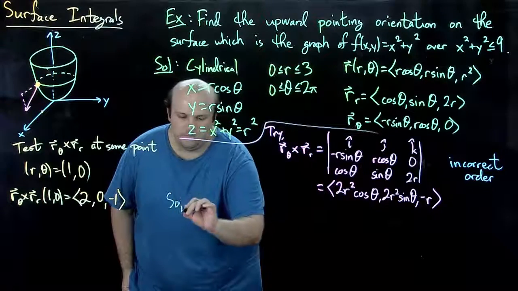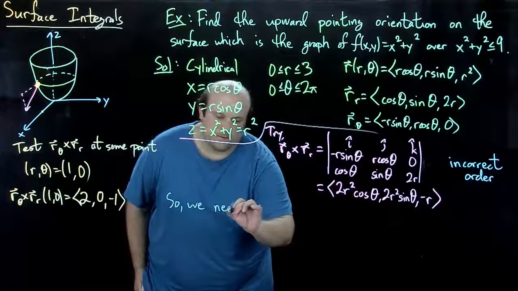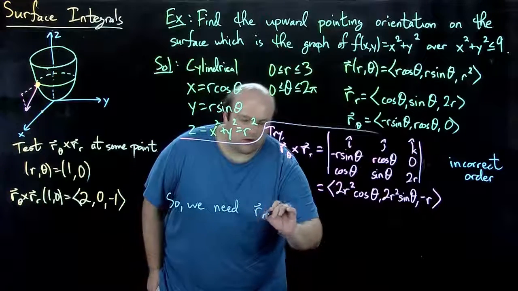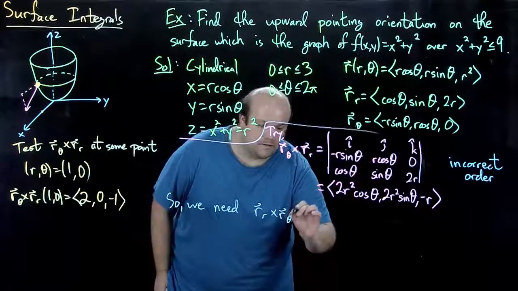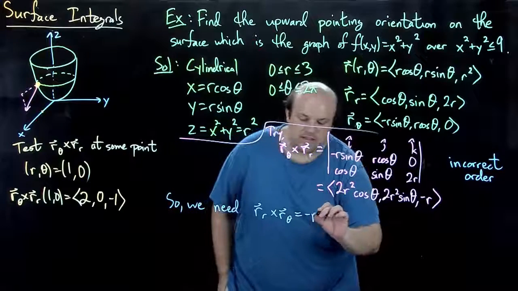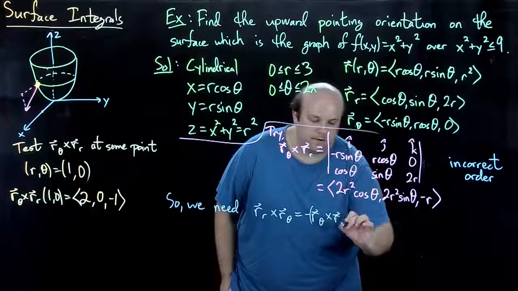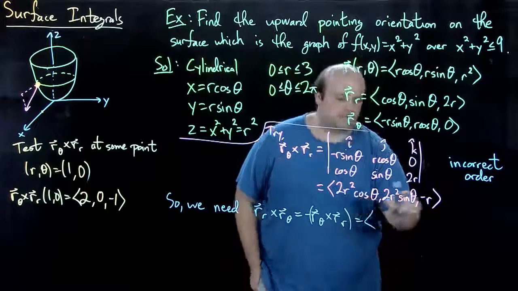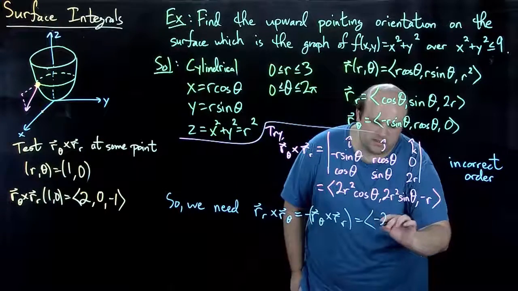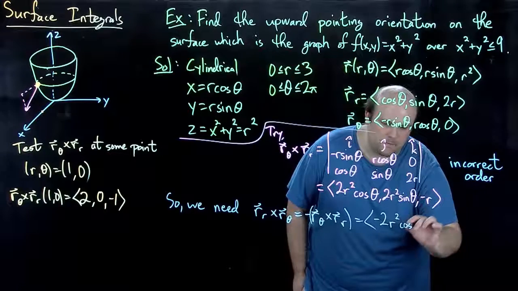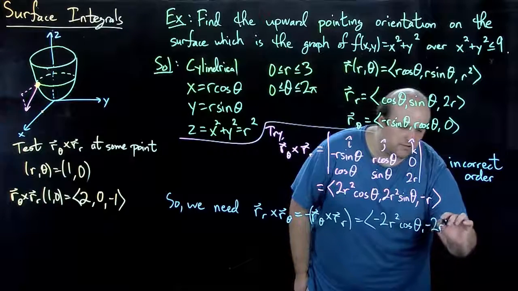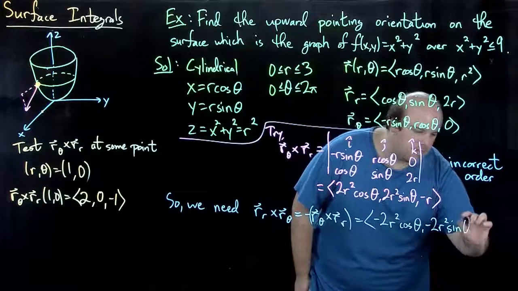So we need r_r cross r_theta, which is negative r_theta cross r_r. And so we just negate all this stuff. Minus 2r squared cosine theta, minus 2r squared sine theta.